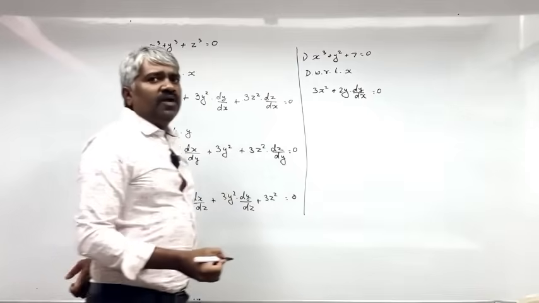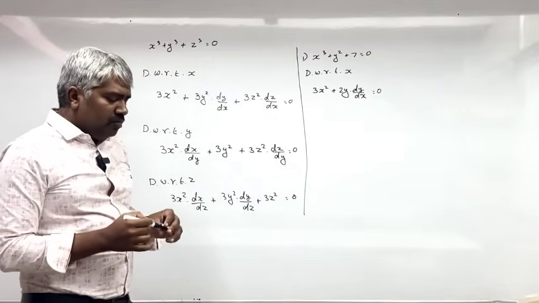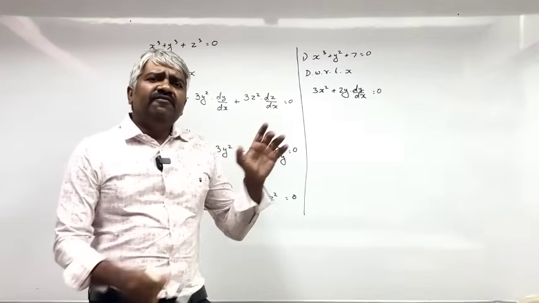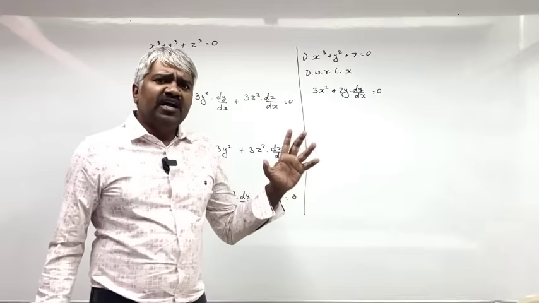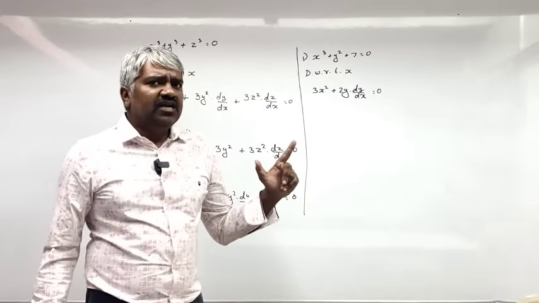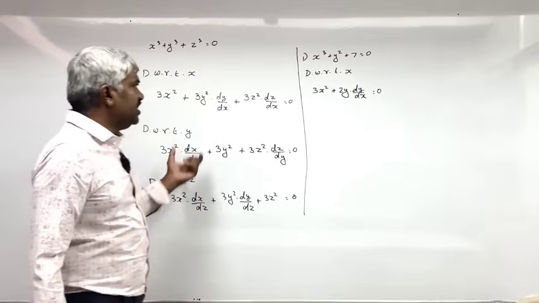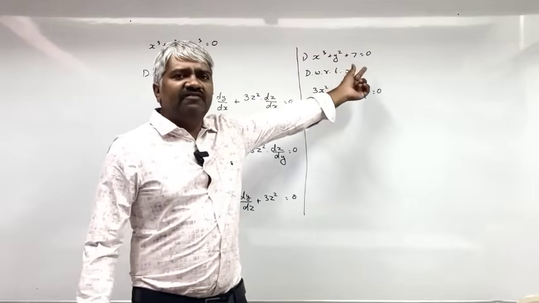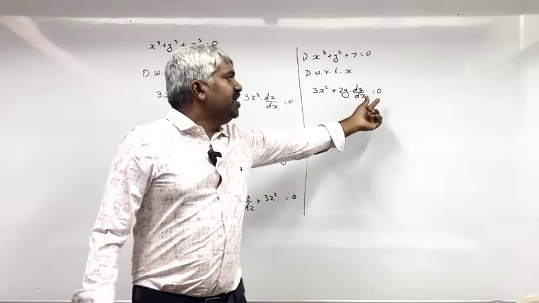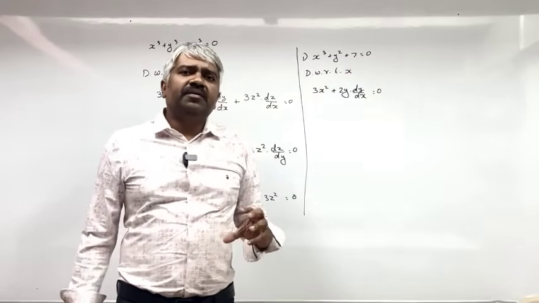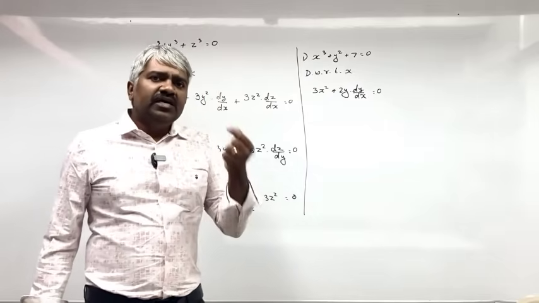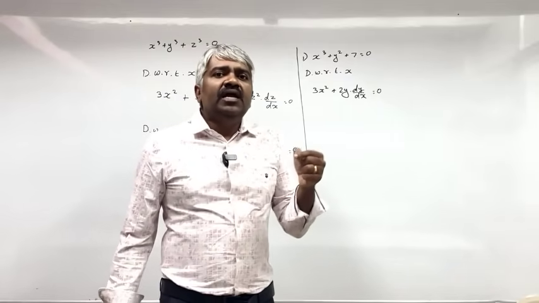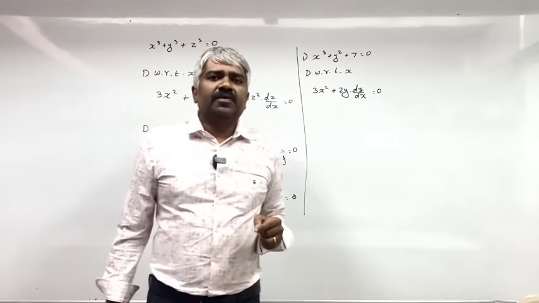0. Right? Now, most of you have a doubt. Sir, while differentiating x, y and z, we are getting certain terms. But while differentiating 7, we are not getting an answer. It becomes 0. See, a constant term cannot be differentiated.